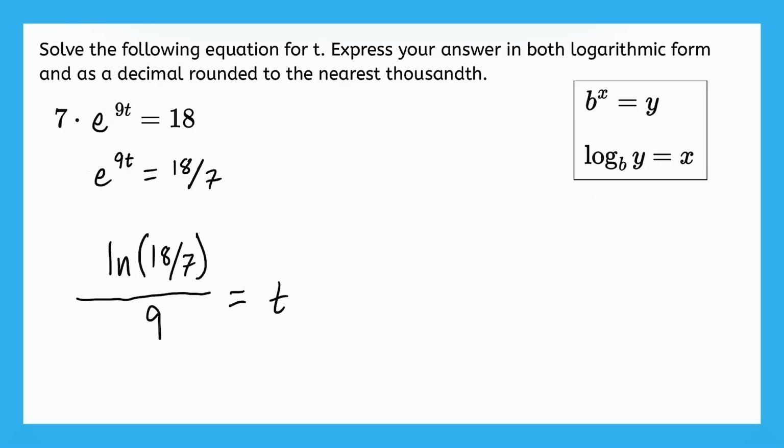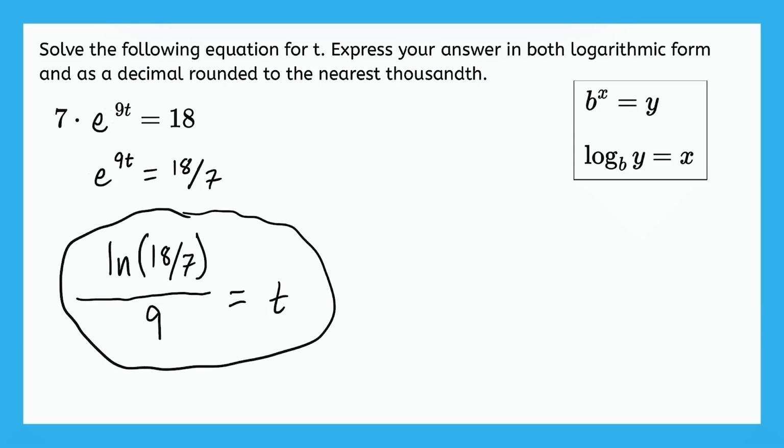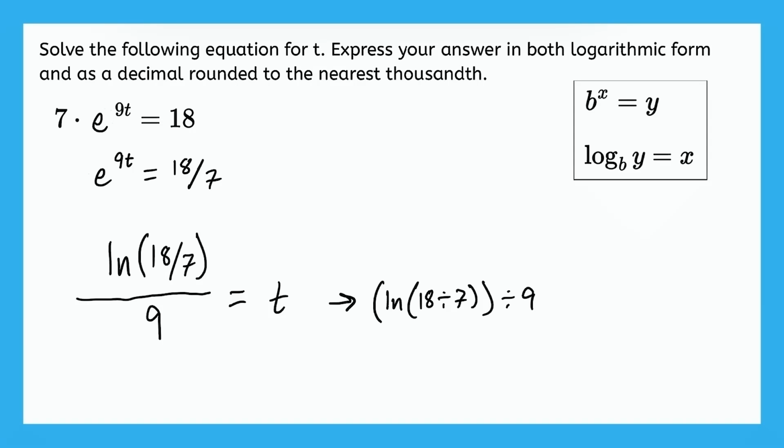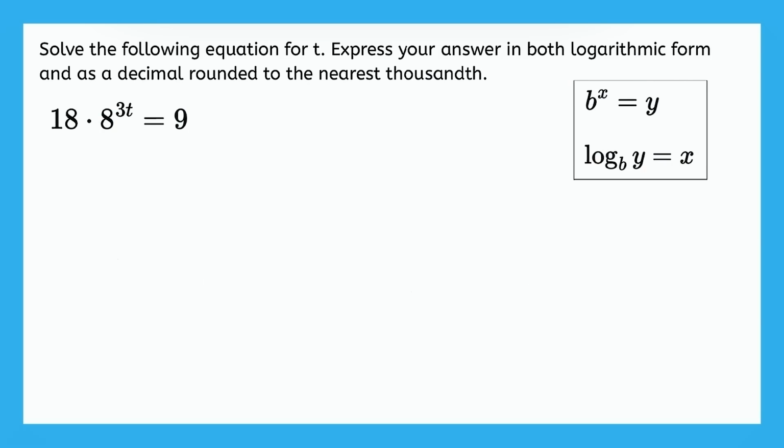All right, now what would we do to get the decimal value for this whole expression? Well, it'd be the same exact thing as before, but instead of using the log button, you're going to use the ln button and then press equals. And then your rounded decimal would be 0.105.